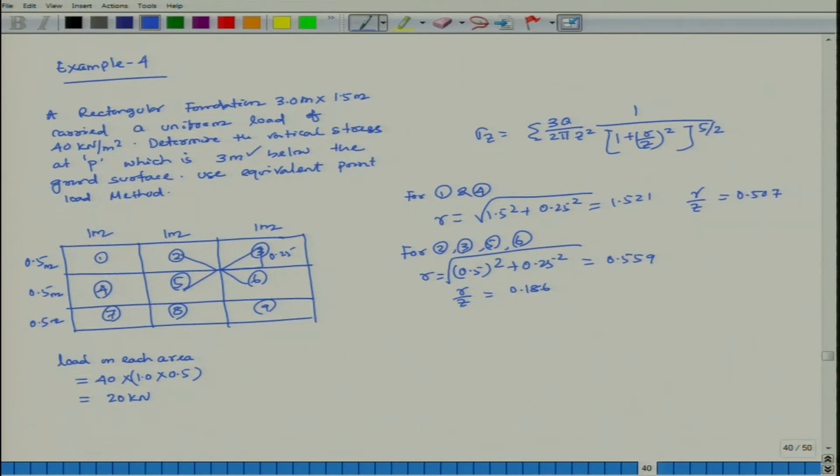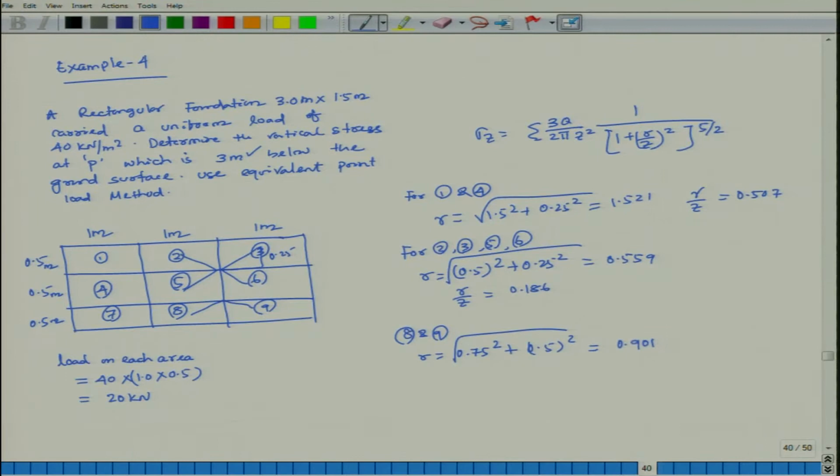Similarly, for 8 and 9, look at here: this distance will be 0.75 and 0.5. r is equal to the square root of 0.75 squared plus 0.5 squared, which is equal to 0.901.